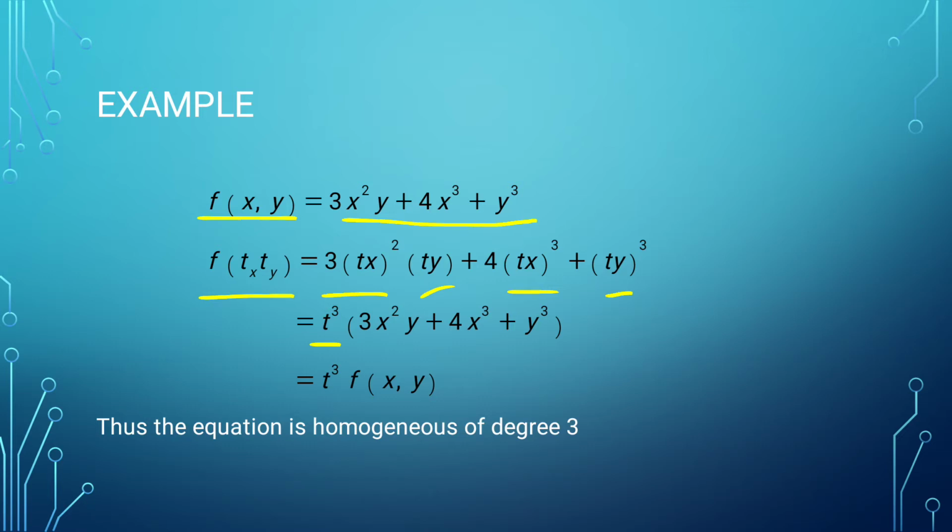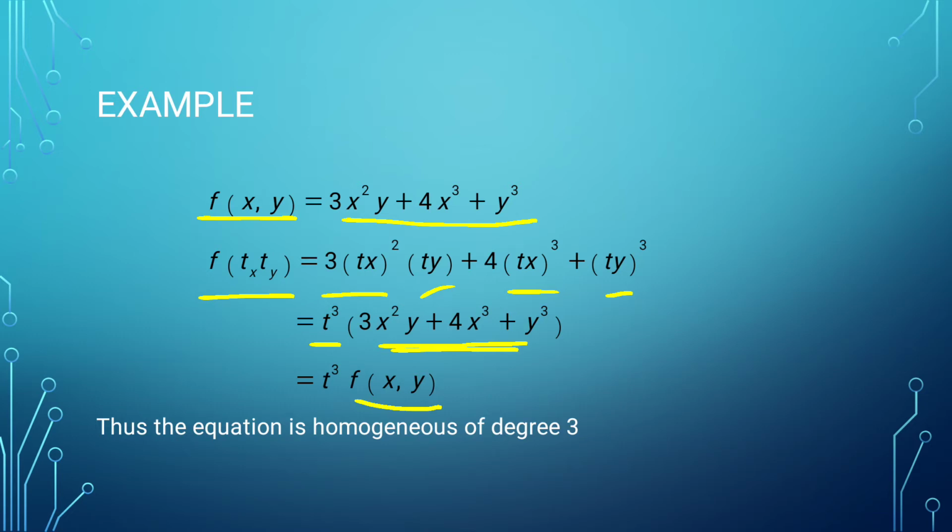What is left on the other side is actually the function of x and y that we began with. So our function of x and y has been expressed in the required form, and if that can happen, that is a proof that this particular function is homogeneous.